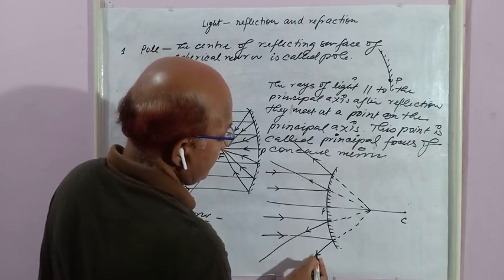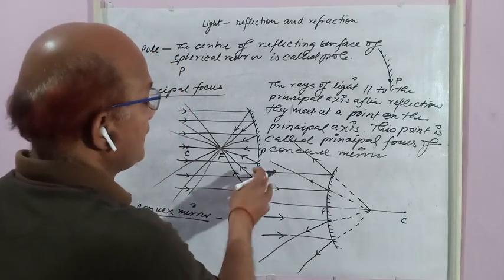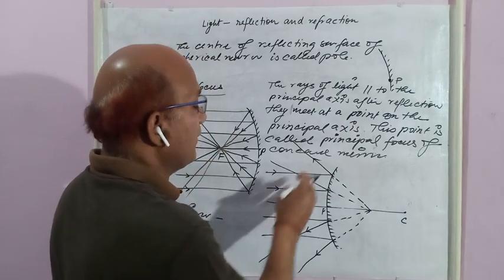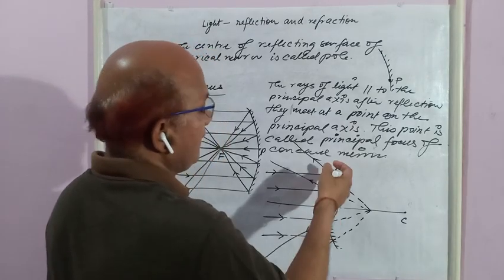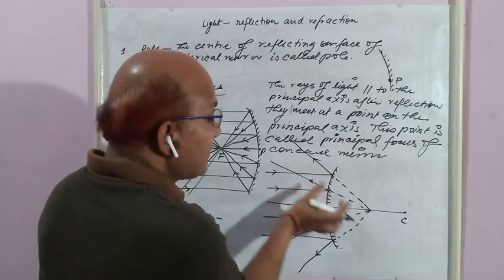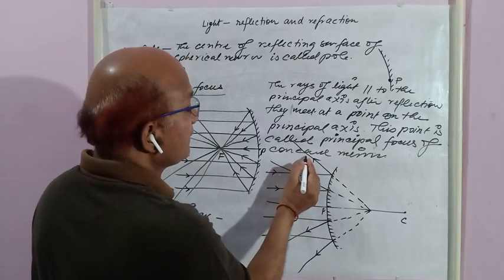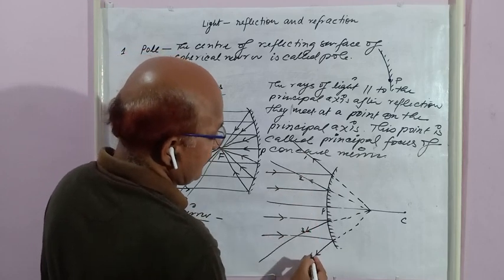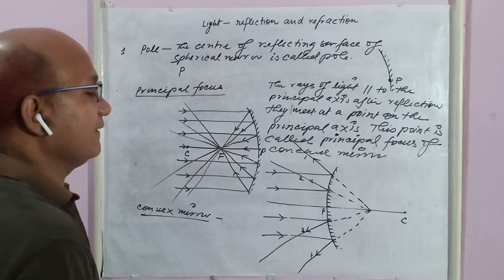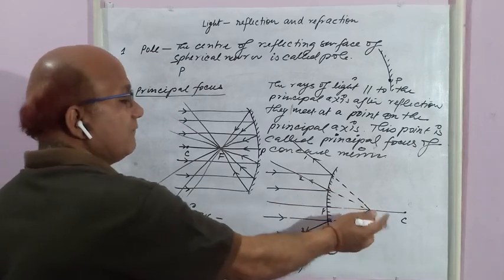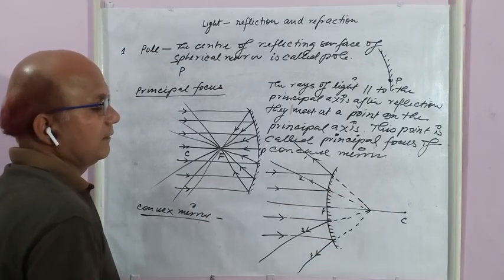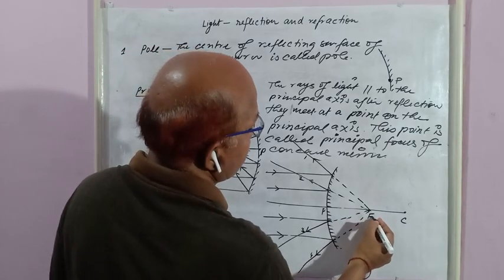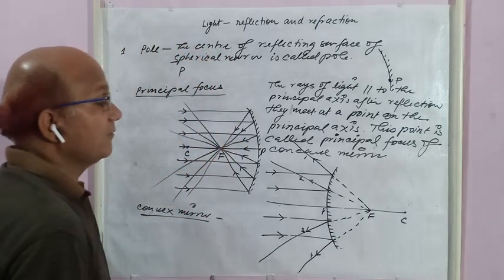You can see these are rays of light running parallel to the principal axis, falling on the convex mirror, and after reflection they appear, all these, you can say 1, 2, 3 and 4, to come from this point on the principal axis, and this point is called the principal focus of the convex mirror.